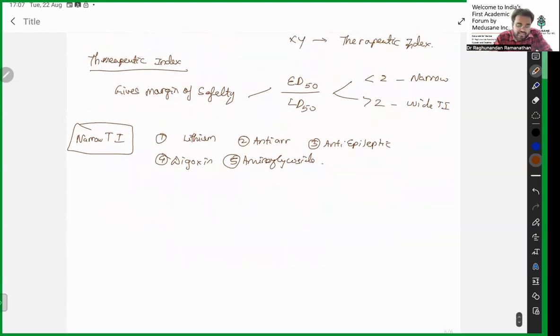It is done for narrow therapeutic index drugs, and where the effect cannot be graded, for example in a patient having seizures. You cannot measure the effect, so the relation is between the concentration and the effect.